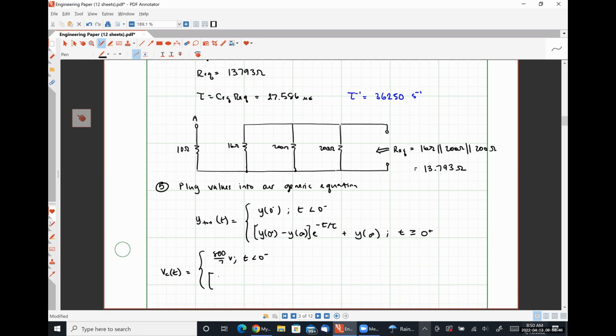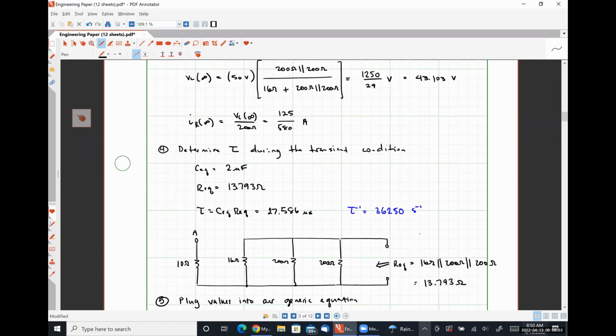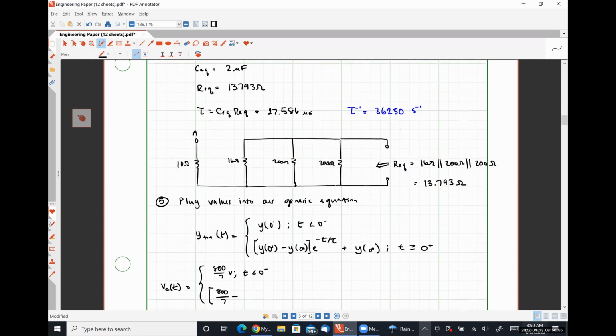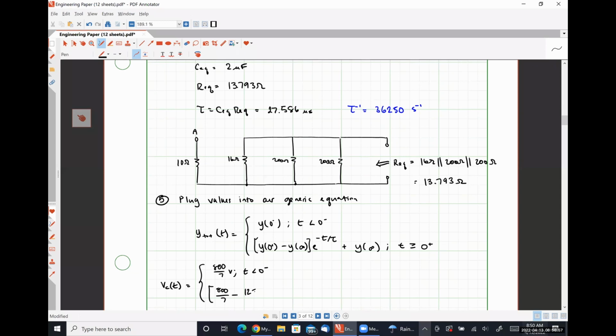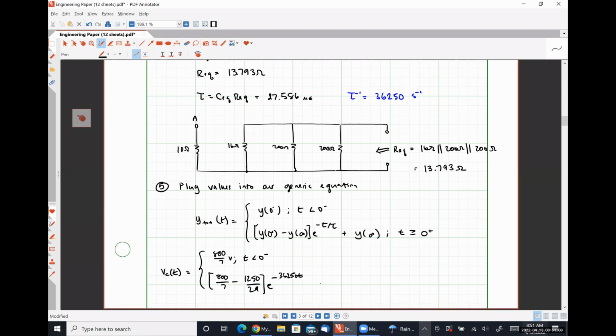And then we would have here 800 over 7 minus 1250 over 29, e to the negative 36,250t, plus 1250 over 29 volts for our capacitor voltage.